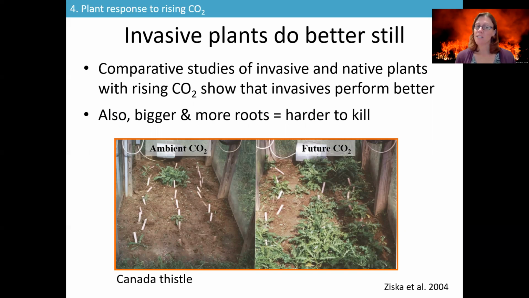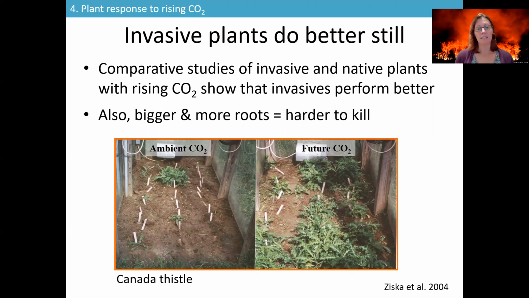So under ambient CO2, the Roundup, the herbicide, worked. Except for that one boss plant in the back, for the most part, the herbicide killed the plants. The right side, not so much. As CO2 rises, the plants actually put more growth below ground. They spent their resources growing bigger roots.